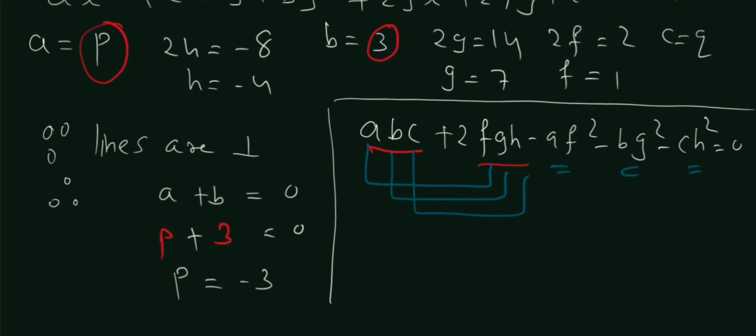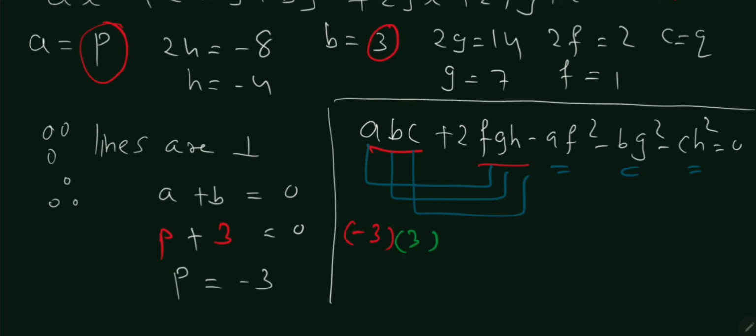Let's do this. Value of a is p, but we know that value of p is equal to minus 3. Value of b here is 3 and value of c here is equal to q.